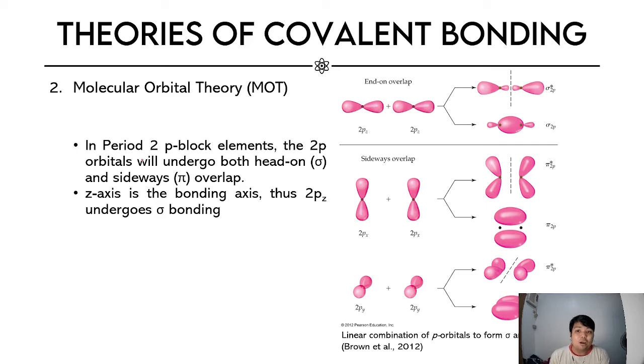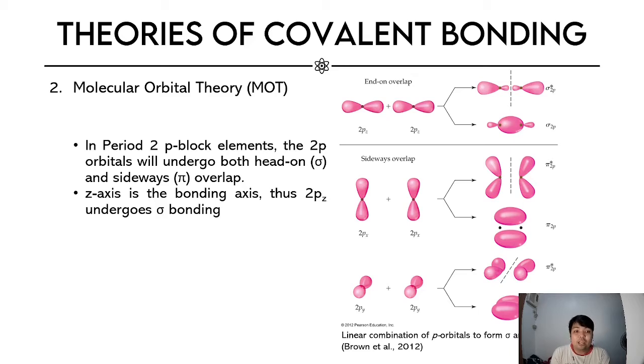The same thing also happens in molecular orbital theory, wherein one of the p orbitals will undergo a sigma overlap, and the other two p orbitals will undergo a pi overlap to form your sigma bonds and your pi bonds respectively.